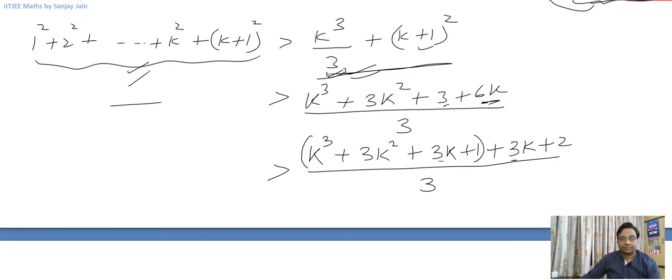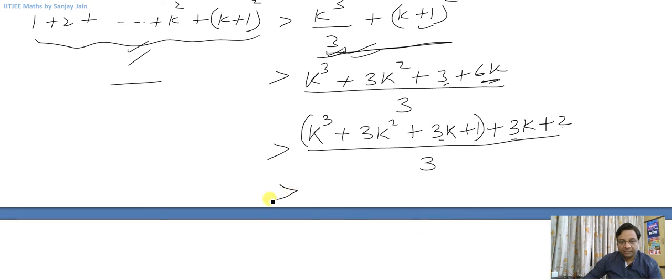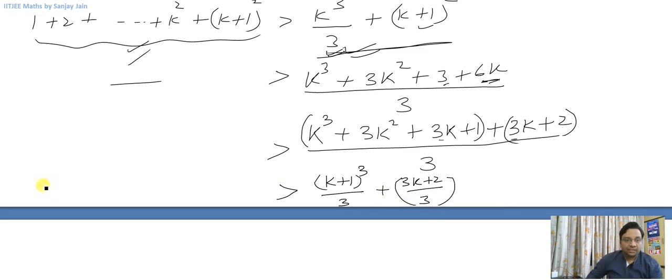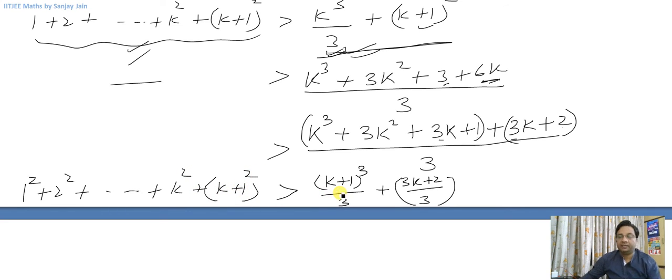So let me write it greater than k plus 1 cubed by 3 plus, I am separating this, 3k plus 2 by 3. Now this statement on the left hand side is greater than what is written on the right hand side here.